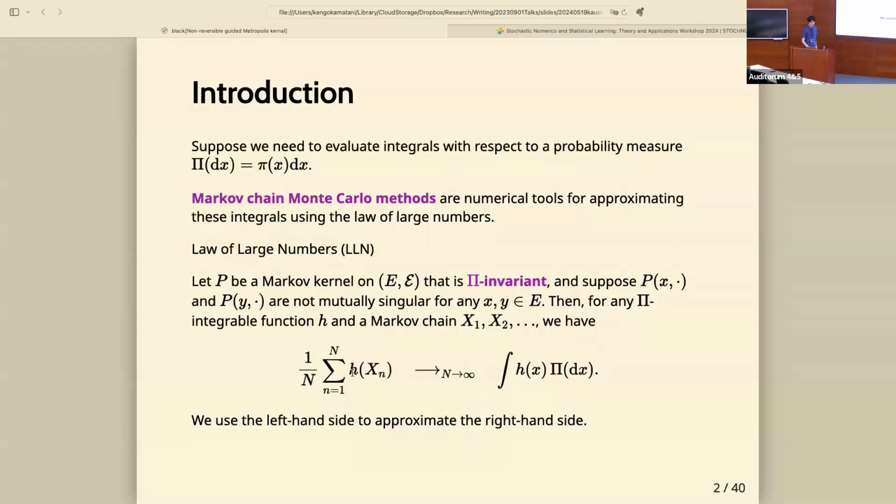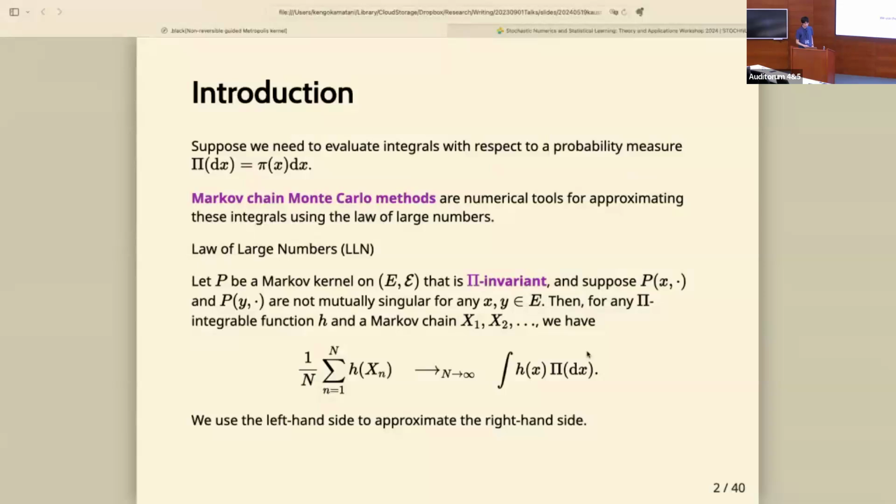If π is very complicated, for example high dimensional, and you can simulate x1 and x2 easily, then there's a benefit of using this to approximate the integral. This is the Markov chain Monte Carlo method.